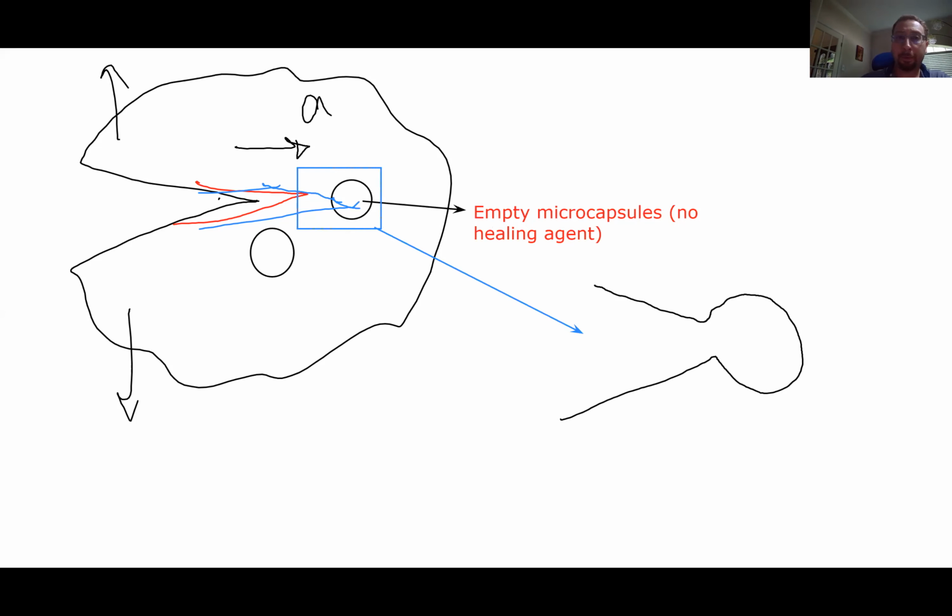Whereas if I zoom in here, what I am going to see is just a sharp crack tip.